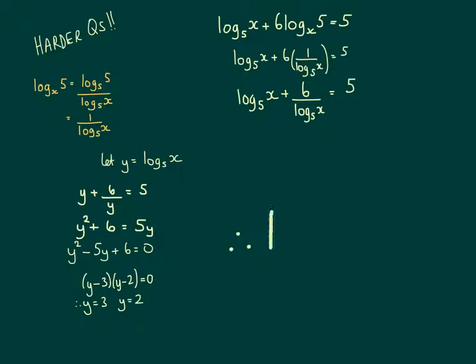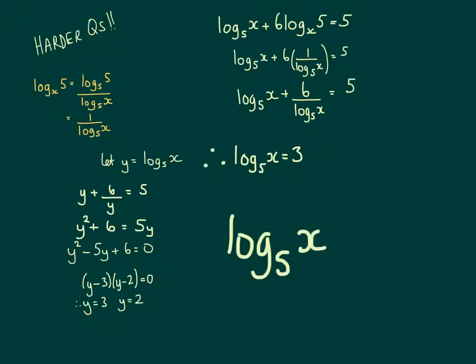So our solutions become log to the base 5 of x is equal to 3, and the other one, log to the base 5 of x is equal to 2. So instead of y equals 3 and y equals 2, we've got log to the base 5 of x equals 3 and log to the base 5 of x equals 2.